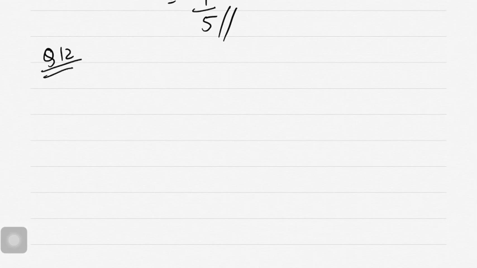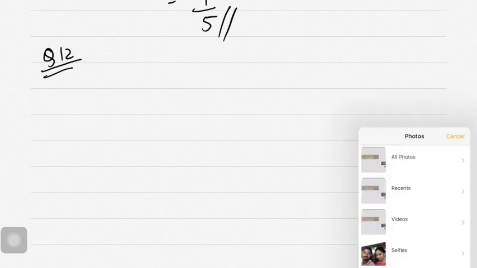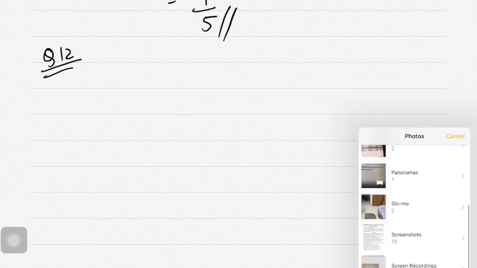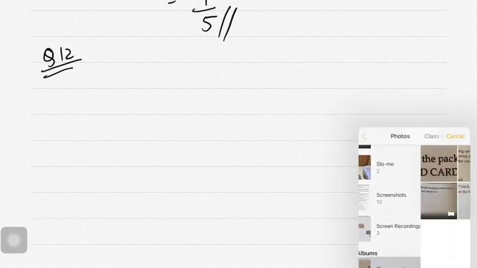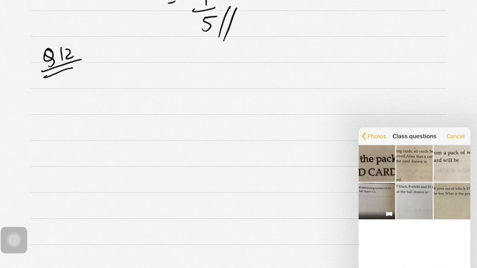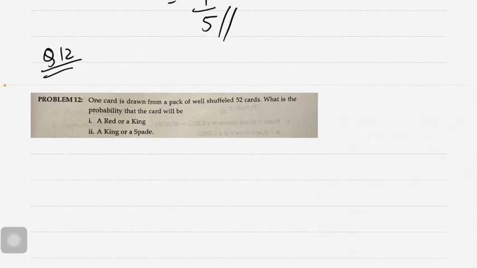Now let us see the next problem, which is question number 12. One card is drawn from a pack of well shuffled 52 cards.